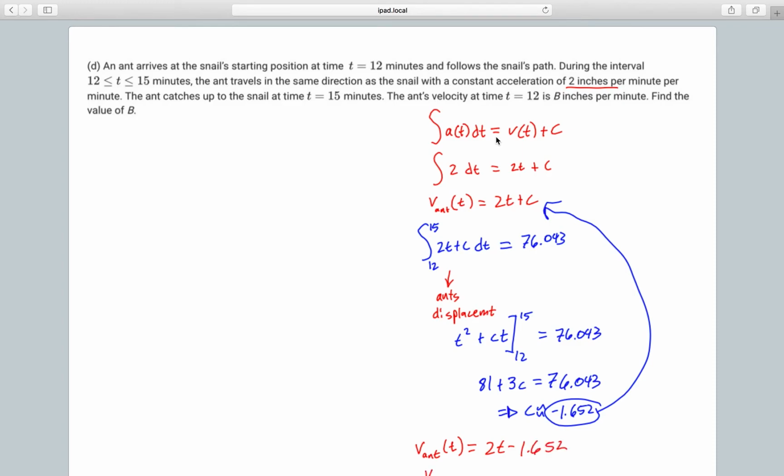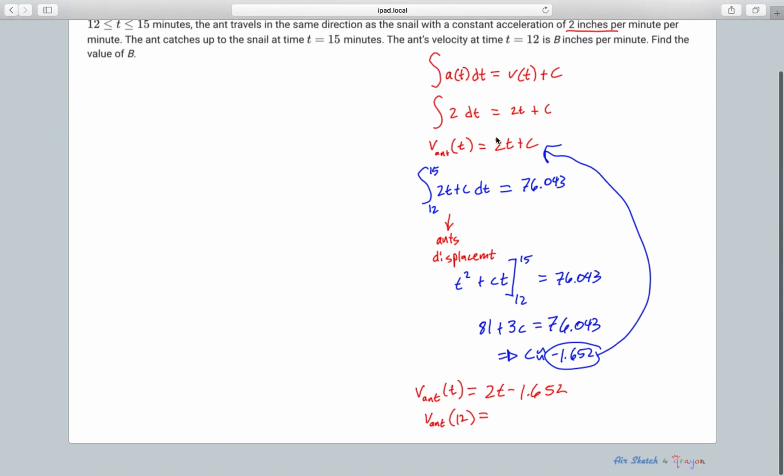And now the velocity of the ant at time 12, I could just plug in 12 for t and subtract. And we end up with about 22.348 inches per minute. Whew, that was a long one.